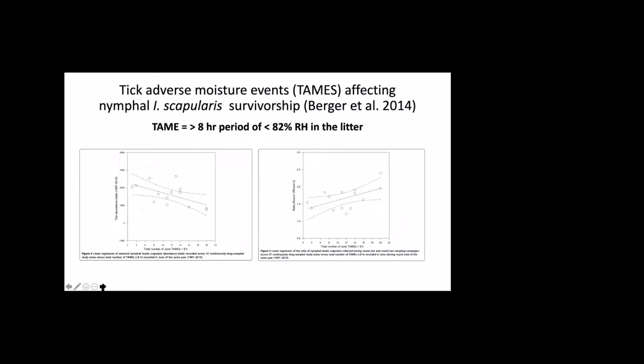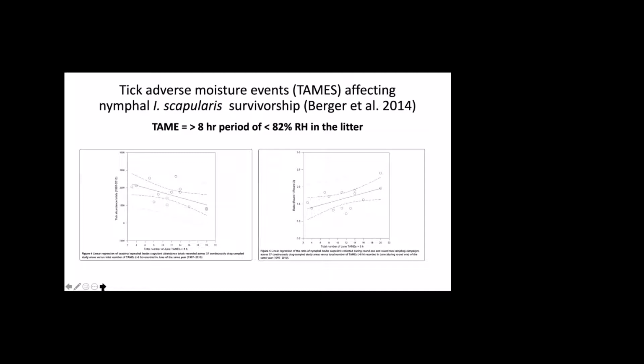And what you see on the left graph is the total number of TAMEs, which are 8-hour periods where the relative humidity in the litter is less than 82%. As the number of TAMEs increases, the total abundance they had dragged for black-legged tick nymphs decreases.